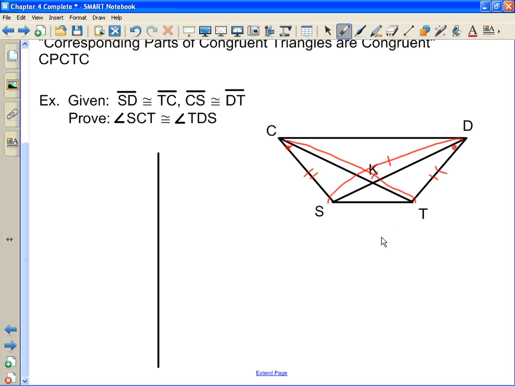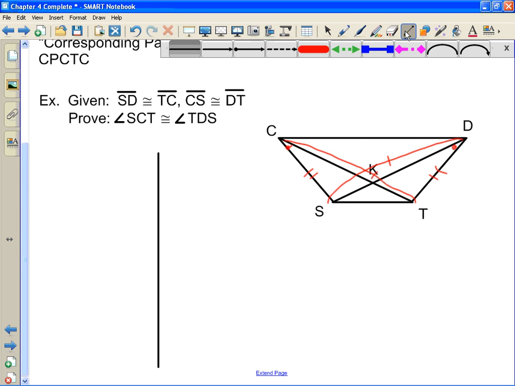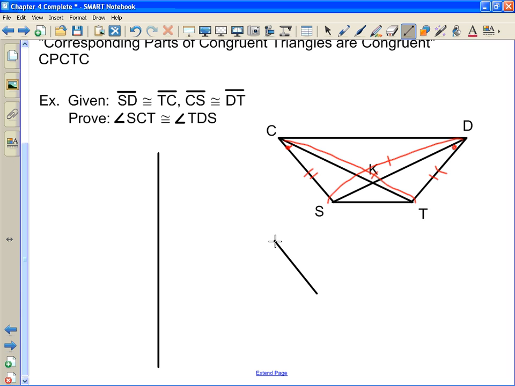So what might help here is if we try to eliminate some of the clutter that's going on. This is an angle in this triangle, so I'm going to separate that triangle, bring it down here so maybe I can see it a little better.